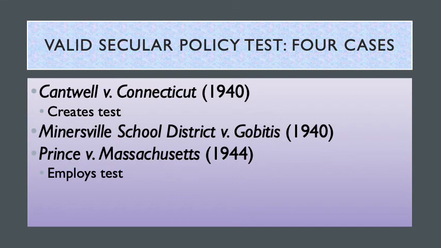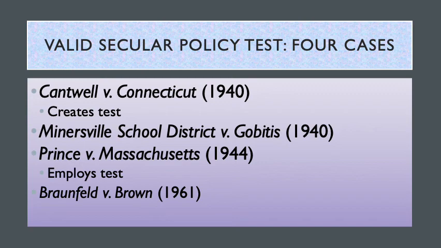That is a case about Jehovah's Witnesses students getting expelled from school for not saluting the flag. And Prince versus Massachusetts, which has to do with Jehovah's Witnesses selling magazines and violating child labor law, okay? We'll talk about Cantwell in lecture, and you'll be reading about these other cases that employ the Valid Secular Policy Test in your textbook.